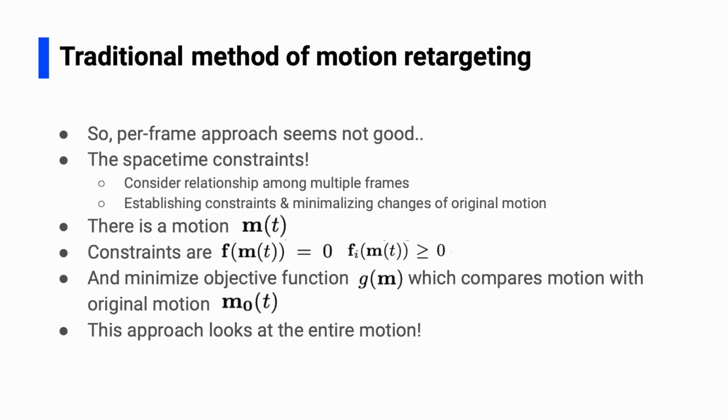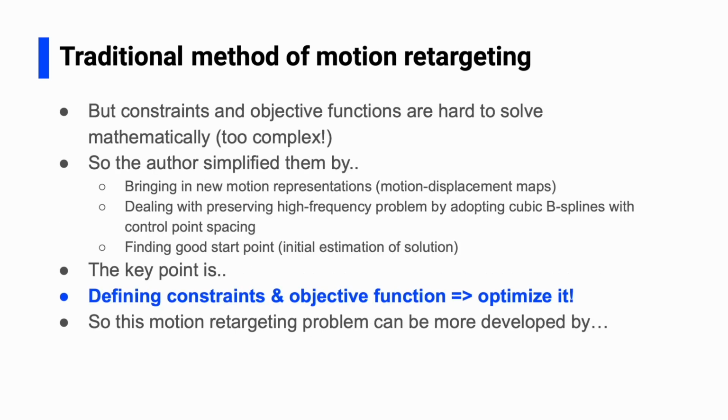More mathematically, there is a whole motion m(t) and constraints f(m(t)), which can be an equality or inequality problem. Then we minimize an objective function g(m), which compares the motion with the original motion m0(t). This approach looks at the entire motion. But in real life, constraints and objective functions are hard to solve mathematically since it is too complex.